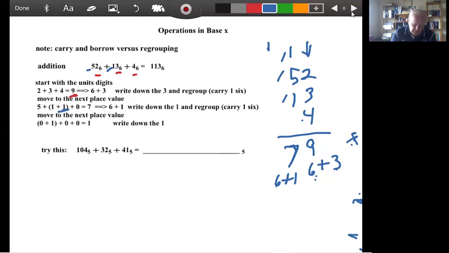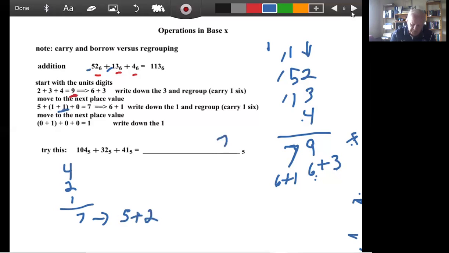If you take the units digits, the 4 and the 2 and the 1, that should give us 7, but we're in base 5, so that's the same as a 5 plus 2.